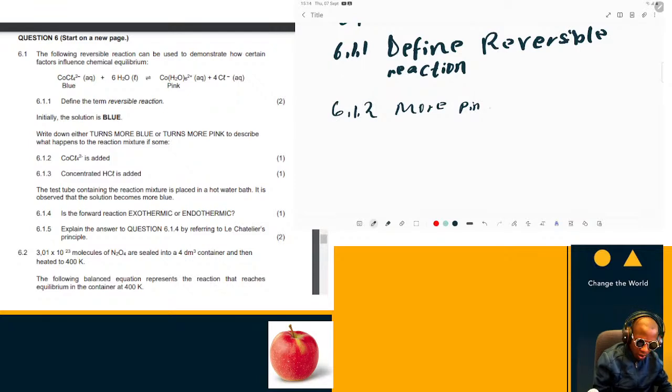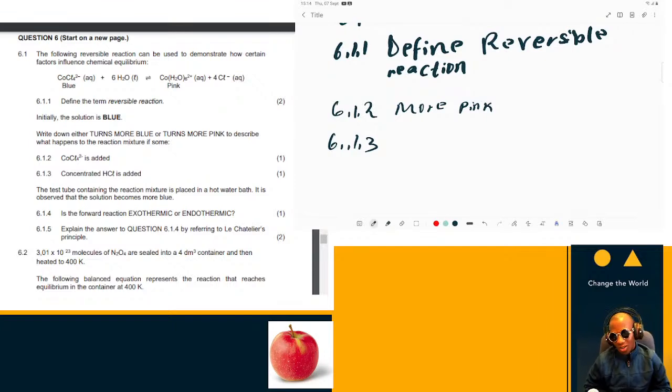It will be more pink because when you add tetrachlorocobaltate ions, you are promoting the forward reaction. Now we are on 6.1.3. What does 6.1.3 ask us to do? Here we are adding hydrochloric acid.